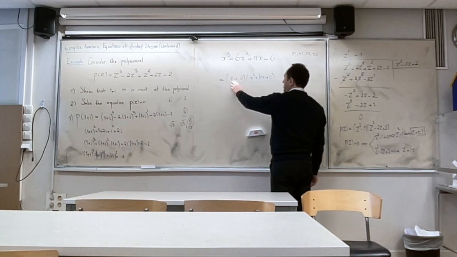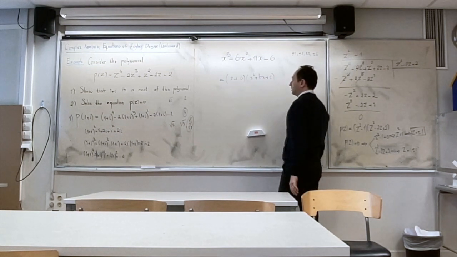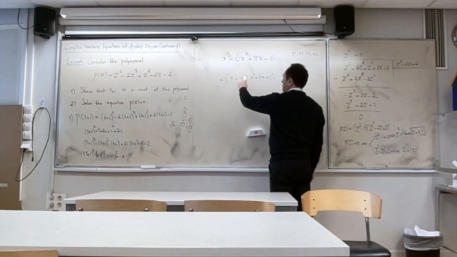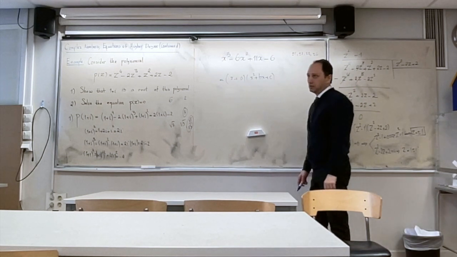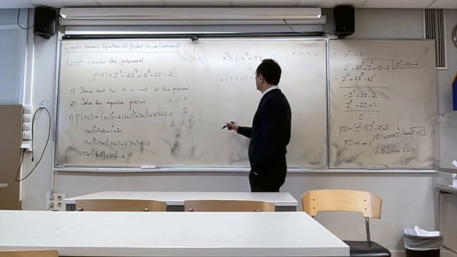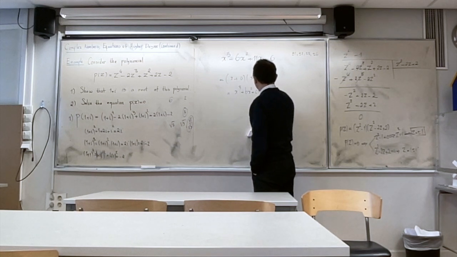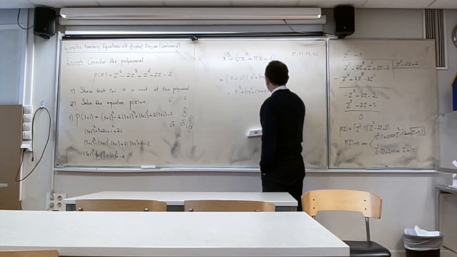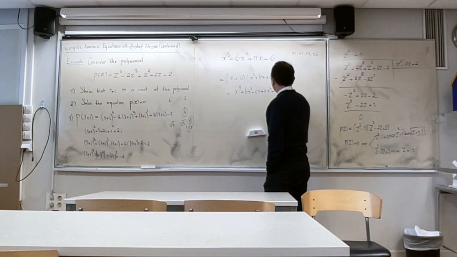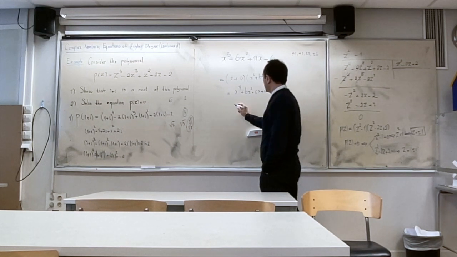So I will not start with the most complicated scenario. I will multiply it, so it becomes x cubed plus bx squared plus cx plus ax squared plus abx plus ac.